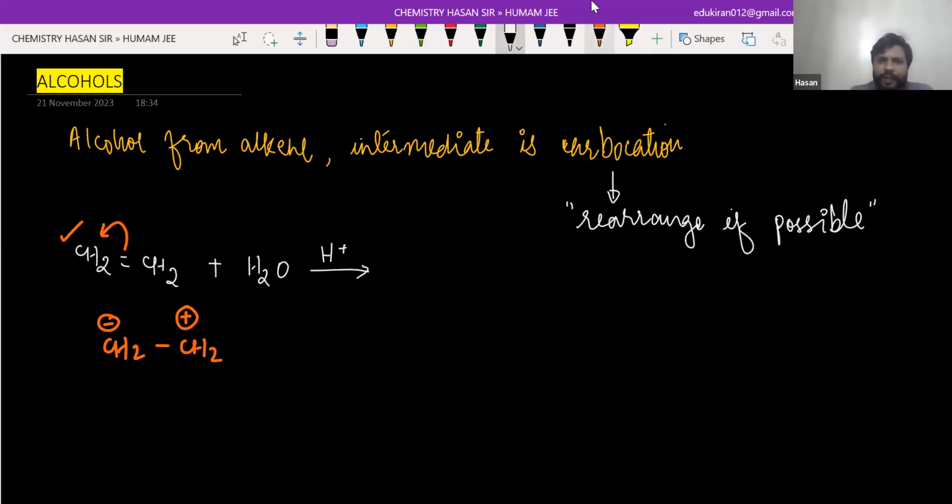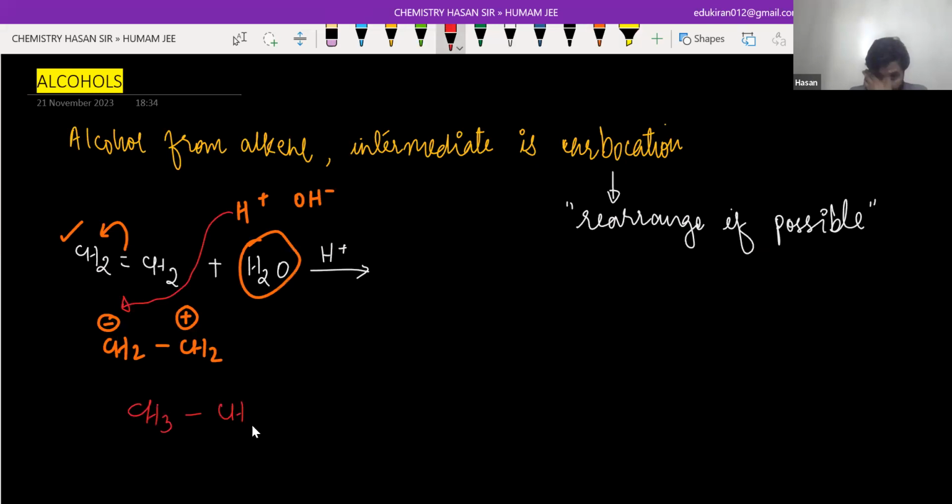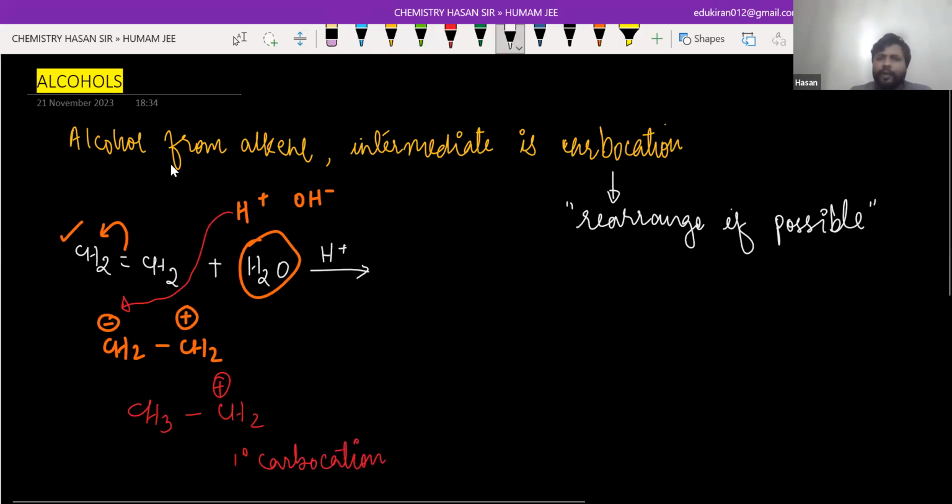Yes. Now see, H2O has two parts, H plus and OH minus. You only need to focus on the carbocation. The carbanion will be attacked by H plus and it becomes CH3 CH2 plus. What is this? This is a 1 degree carbocation, right? Now see what will happen. If by some chance you develop the positive charge on the other carbon, that carbon becomes the carbocation.